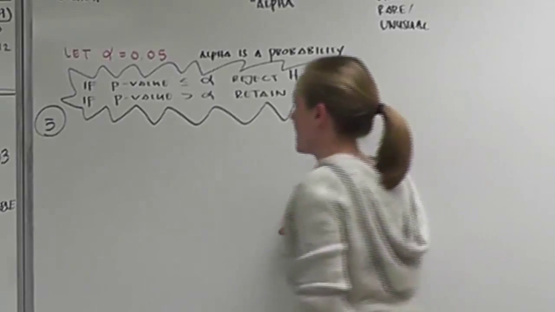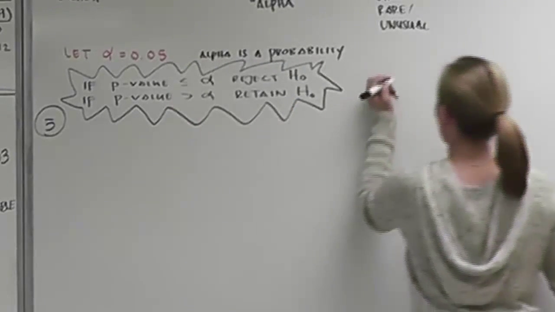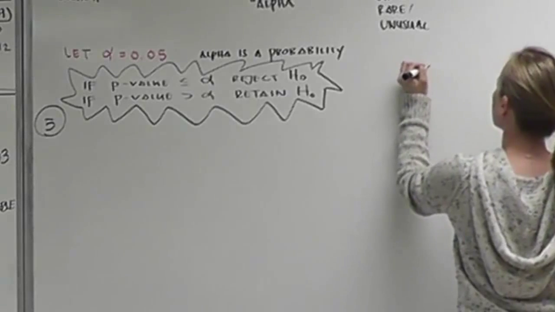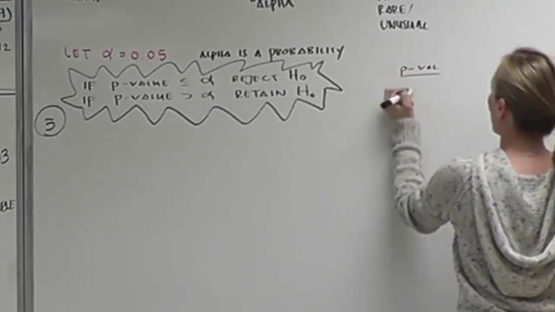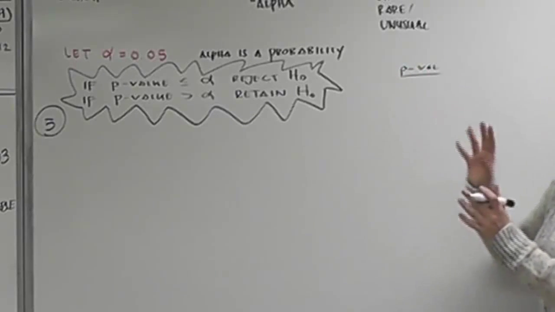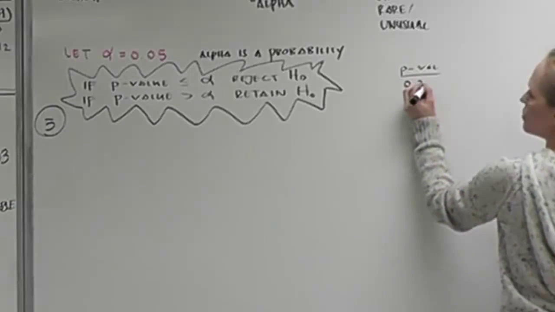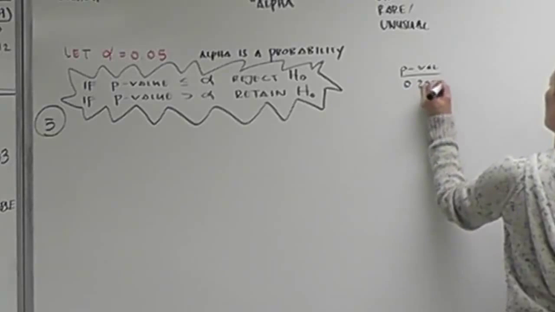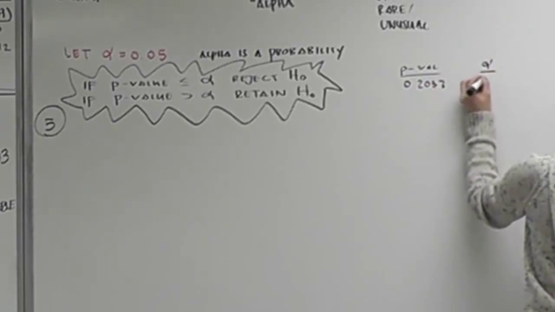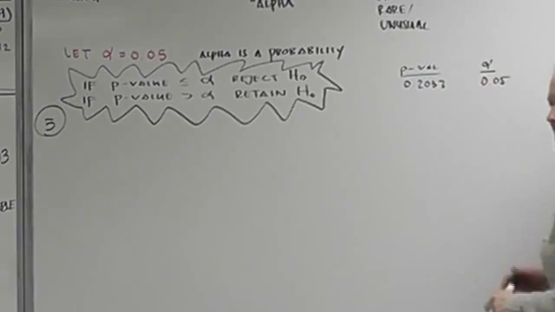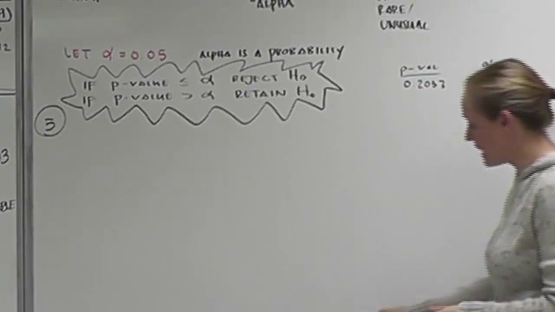So in our case, if we write them side by side, our p-value, I even shortened it to p-val, you'll see people write it even shorter, of 0.2033, and if we put alpha next to it, we can make a side-by-side comparison. Now, some students don't need to do this.